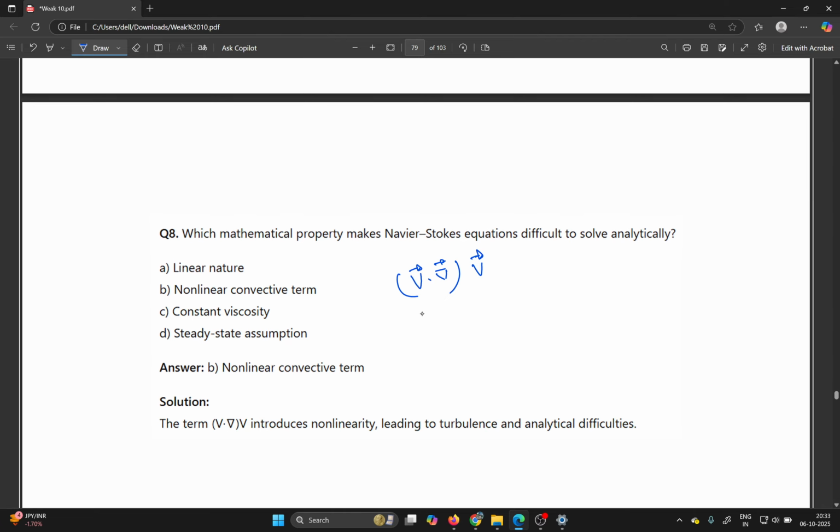Let us suppose I am going to write the Navier-Stokes equation in the x direction.